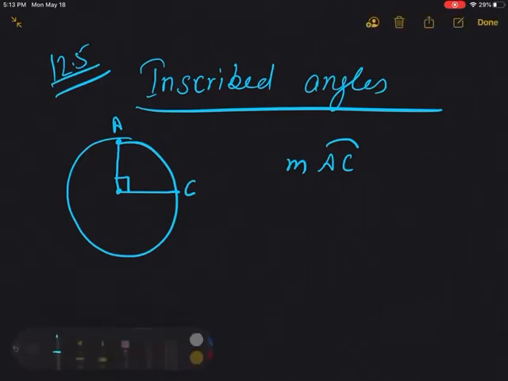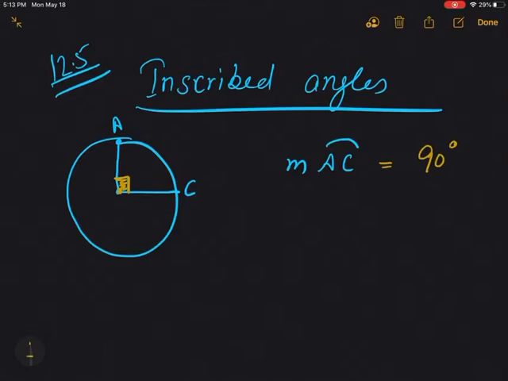As we learned before, the arc measure is always the same as the central angle. So if the central angle is 90, the measure of this arc AC would also be 90 degrees.